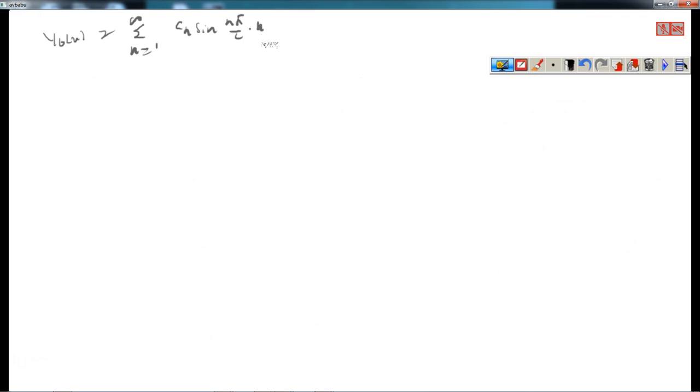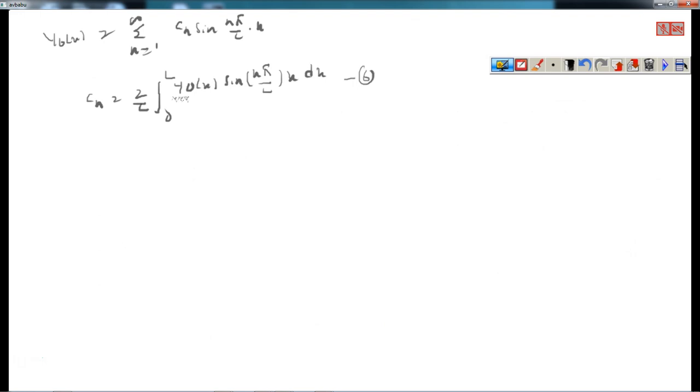This looks like a Fourier sine series, and the value of Cn would be 2 by L into integral 0 to L y0 x sin n pi by L x dx. This is the solution, and this is equation number 6.